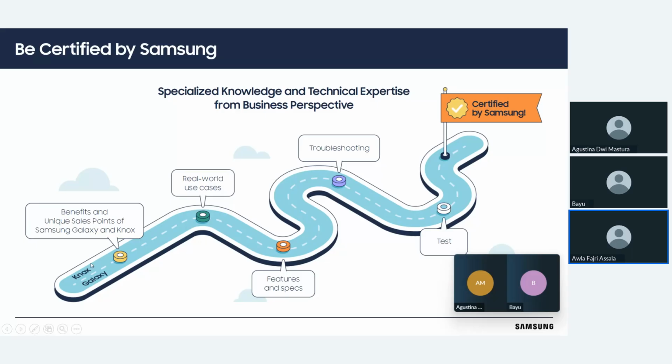We have two types of certification: Knox certification and Galaxy certification. The first thing we try to tell you through our certification is the benefits and unique selling points of our Samsung Galaxy and Knox products. Then we also include real use cases, features and specs of our products, whether solution or hardware, then troubleshooting, especially for our solutions, and then testing, also especially for our solutions. If you understand all these parts, you will get certified by us.